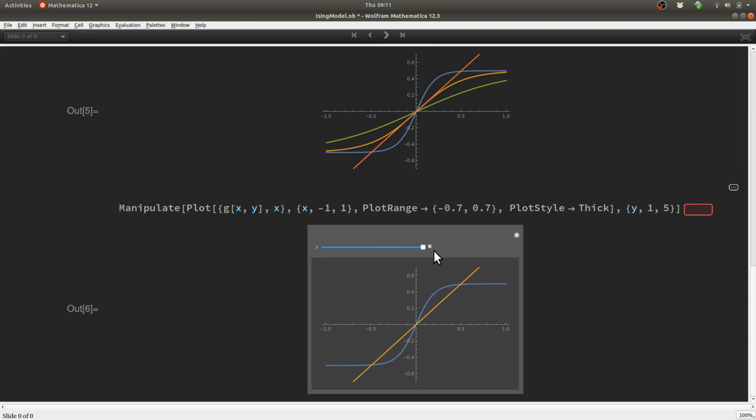Slowly you see a third intersection coming. At around 5, you can see that m star is pretty close to half. But if you go below, m star will slowly come down from half to slightly smaller values, and eventually it will approach 0. Okay, is this clear what I'm doing?